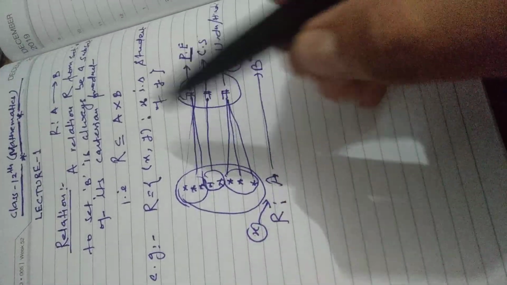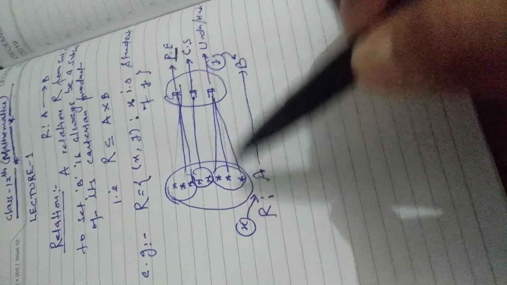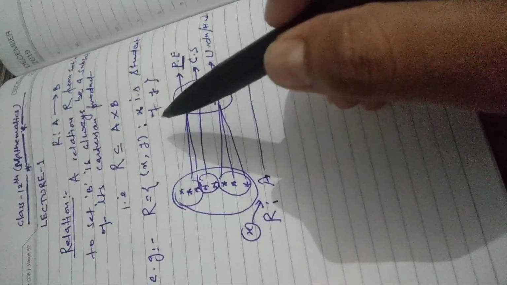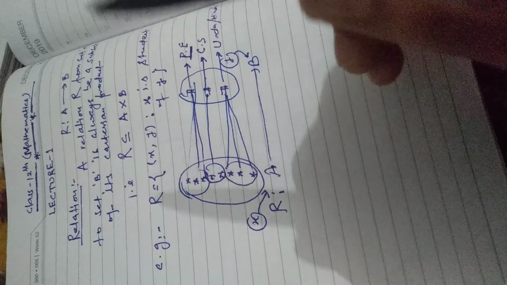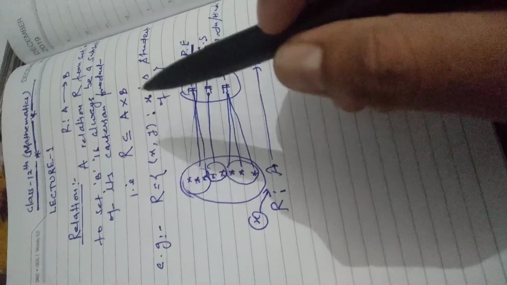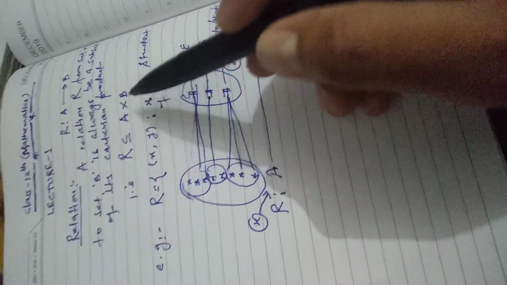So this is a relation between x and y, where x is related to y with some definition, but this definition must belong to its Cartesian product.